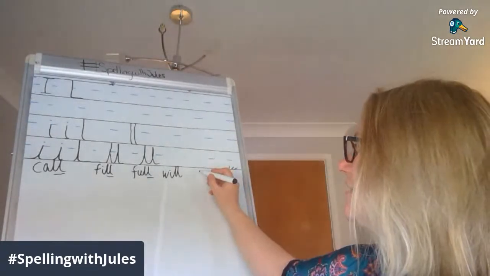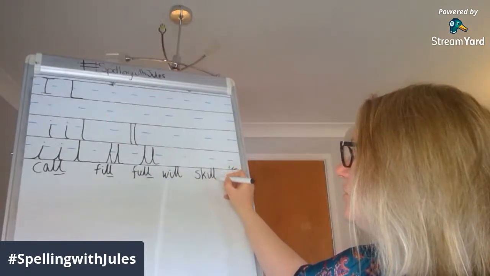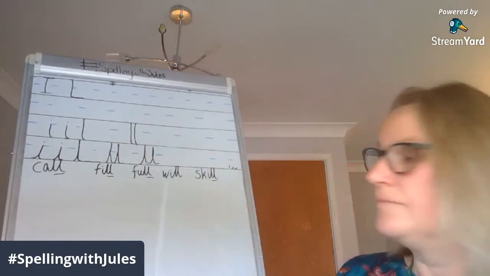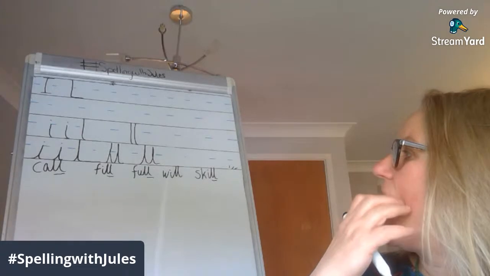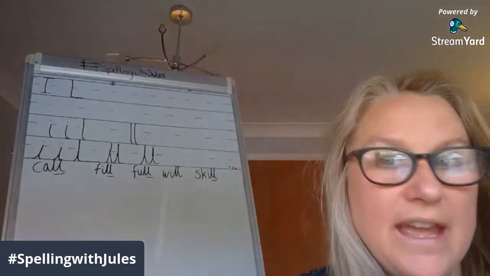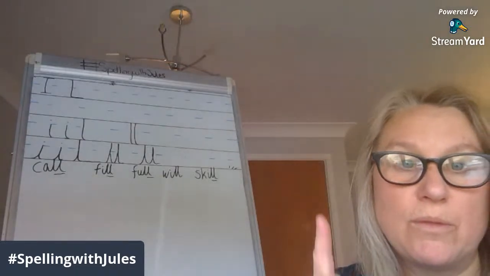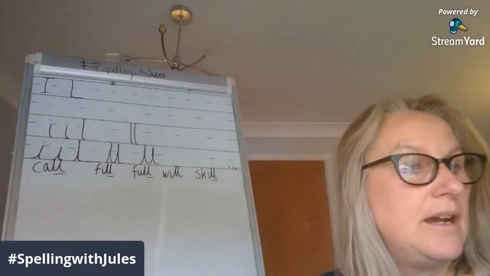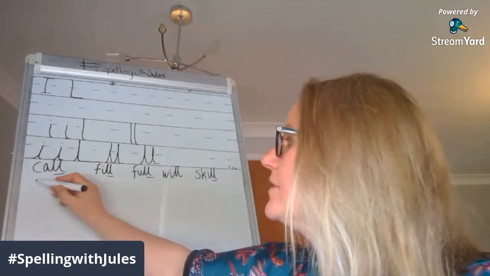So here's another one, skill. So you've got sk, skill. Okay. So that's tricky. And then you can start adding them. Fool. Yeah, fool would be one with one L, wouldn't it? And some of these things change. Have I got well? Yeah, so well's another one.